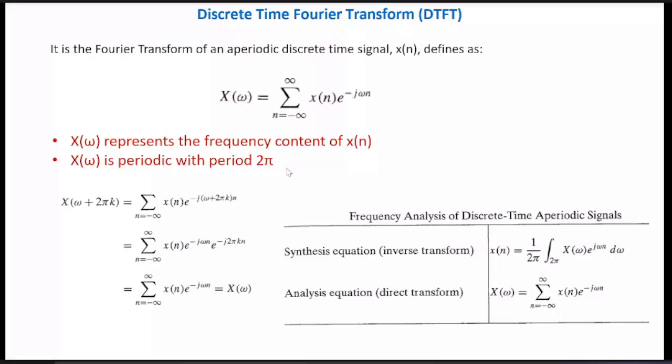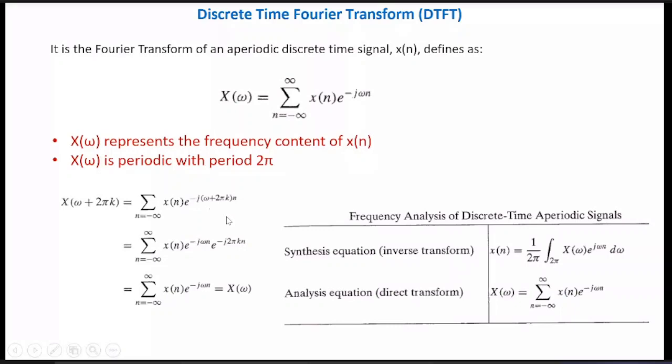Here, some properties describe why it is periodic with period 2 pi, because if you add 2 pi to omega, omega plus 2 pi k, any multiples of 2 pi, then according to the equation we get e to the power minus j (omega plus 2 pi k) n.